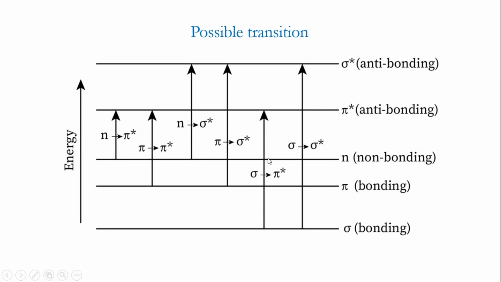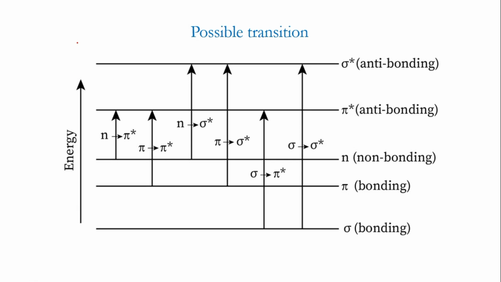You may also have transition from the level of the lone pairs of electron to the sigma antibonding. You may also have transition from the pi to the pi antibonding, and you may also have transition from the lone pairs of electron to the pi antibonding.